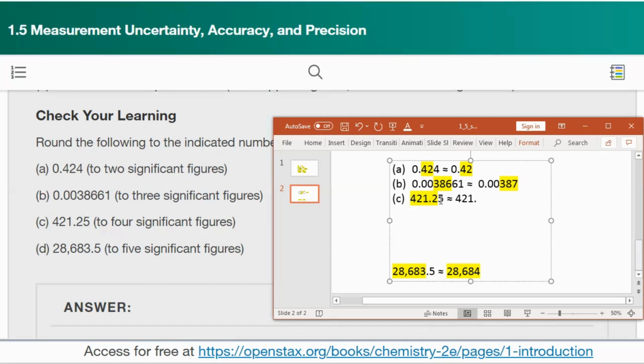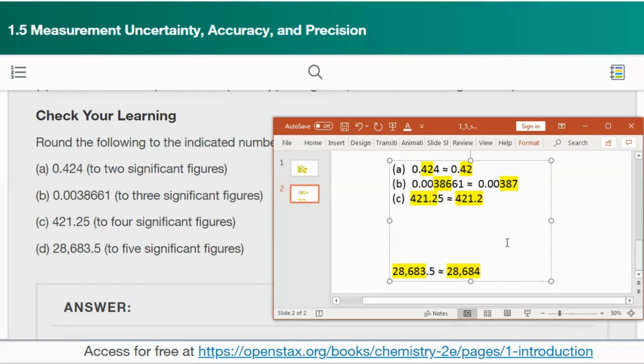The rule is we round down if the last significant figure is even. We would round up if it's odd. So following those rules, we get that.